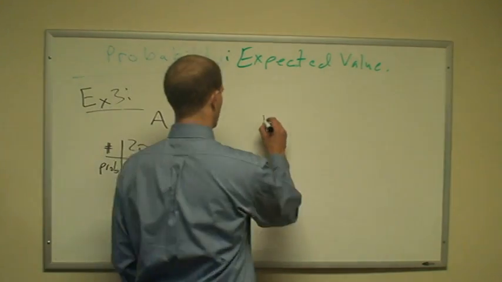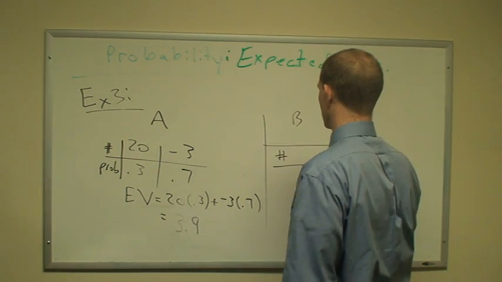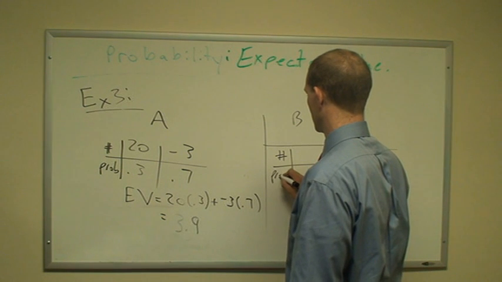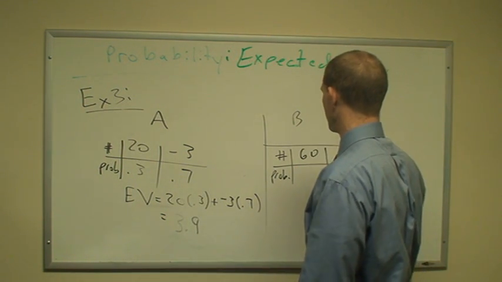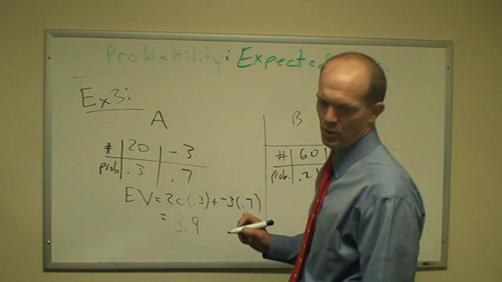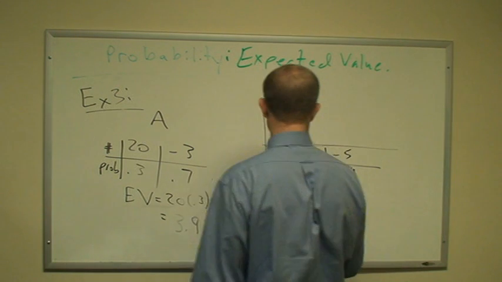For B, here the appropriate numbers are 60 million if it's successful with a probability of 0.21, and 5 million lost if it's not successful with a probability of 0.79.